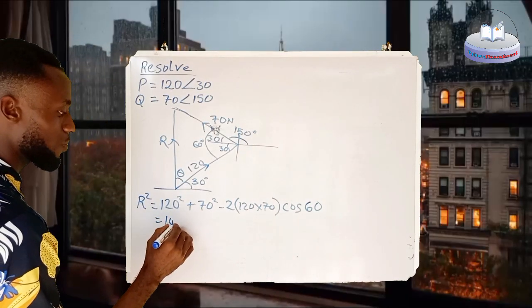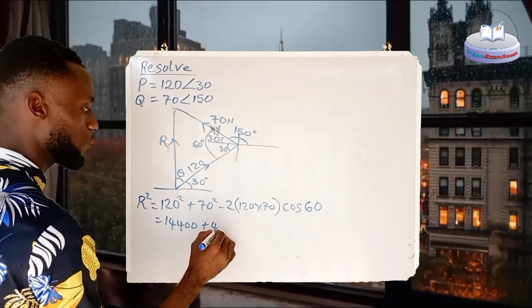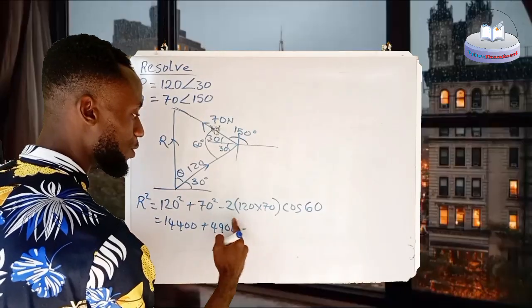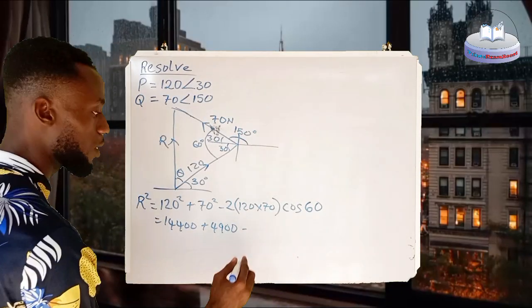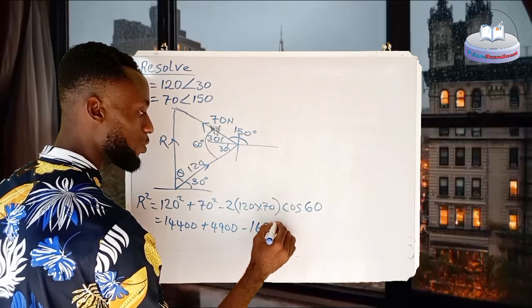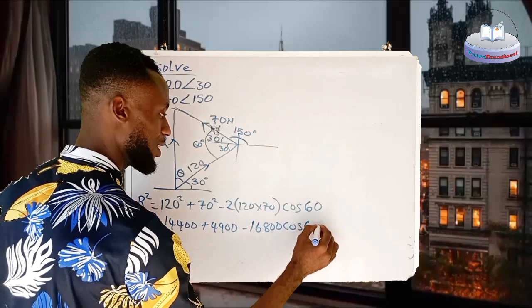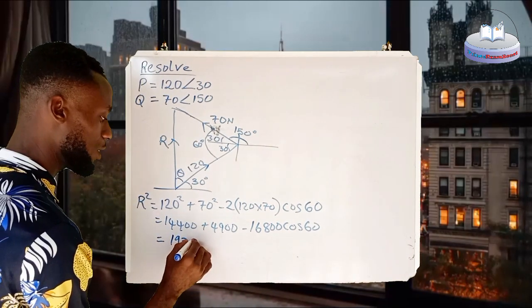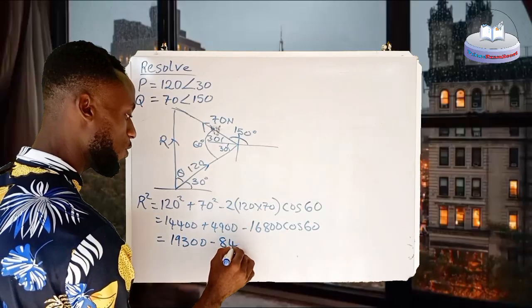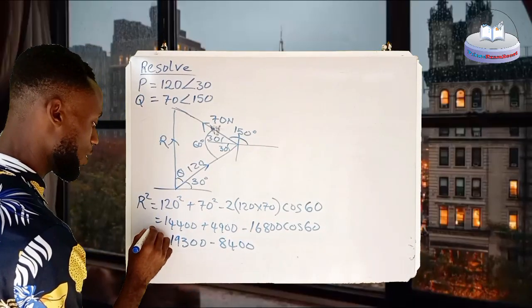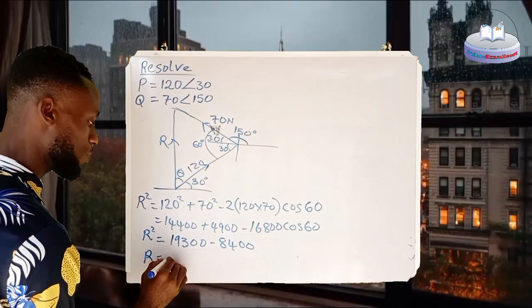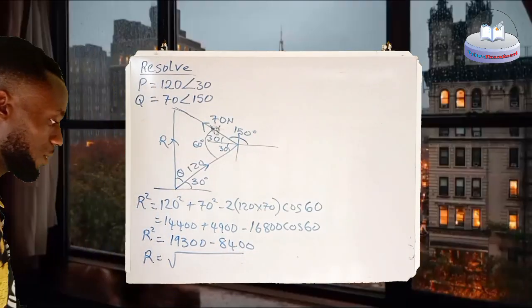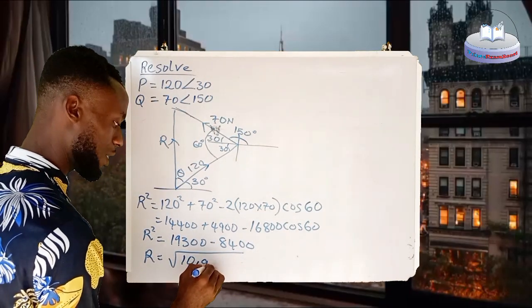What does this give us? 14400 plus 4900 minus 16,800 cos 60. When this is carefully resolved, everything becomes 19300 minus 8400 for R squared. So R becomes the square root of 10,900.